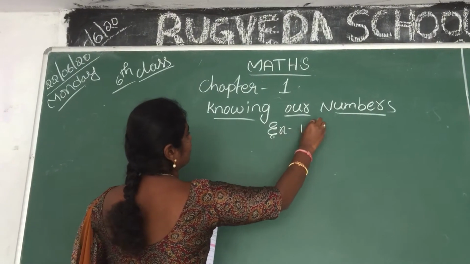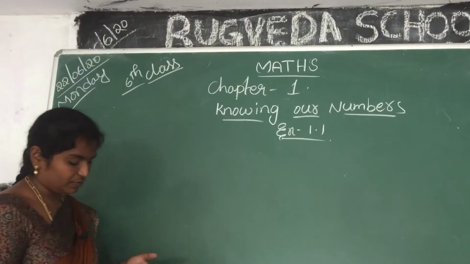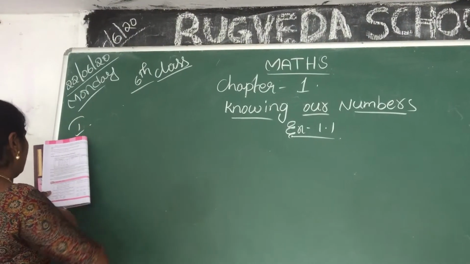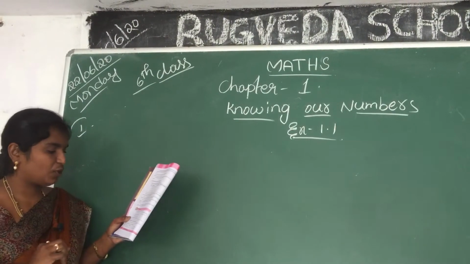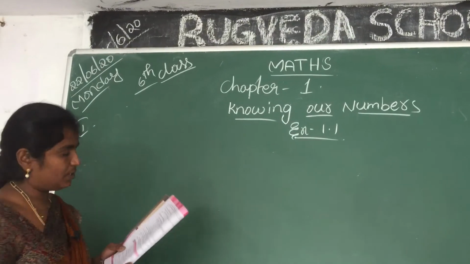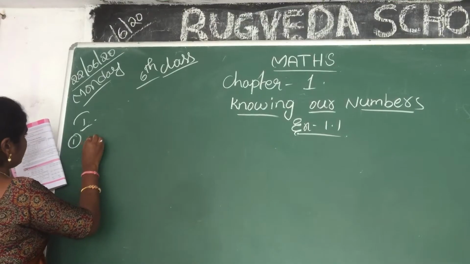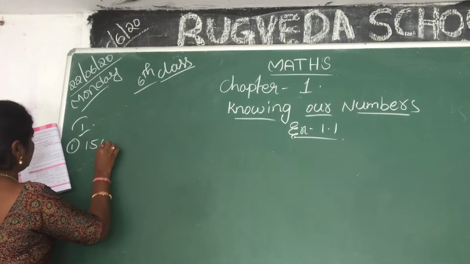1.1. Exercise 1.1, first bit. Which is the greatest and the smallest among the group of numbers? Here given a group of numbers. For example, first one, see here.